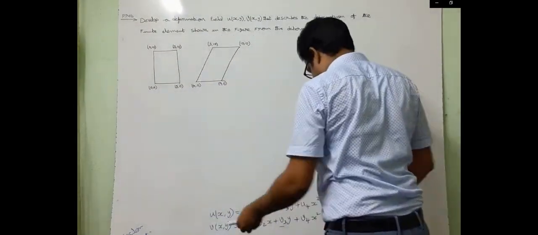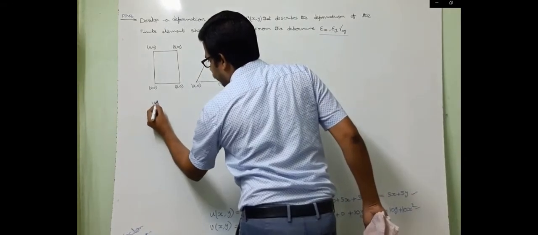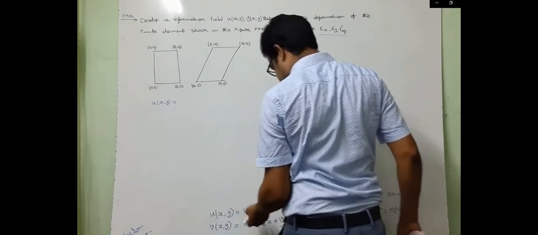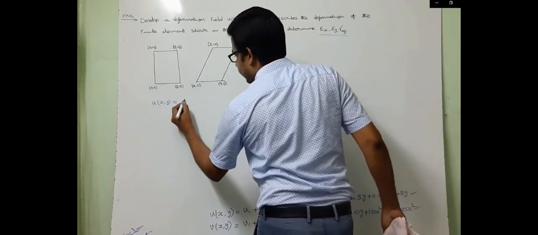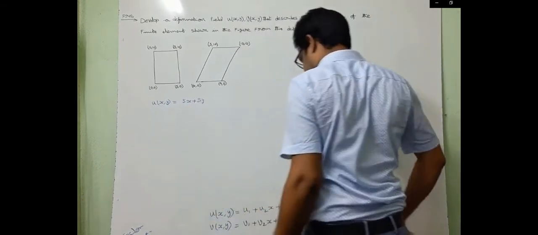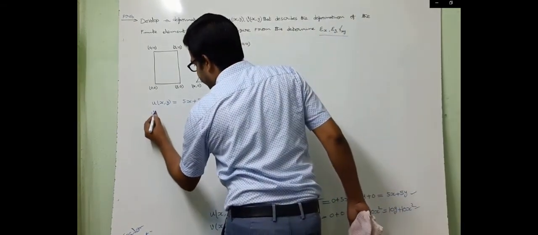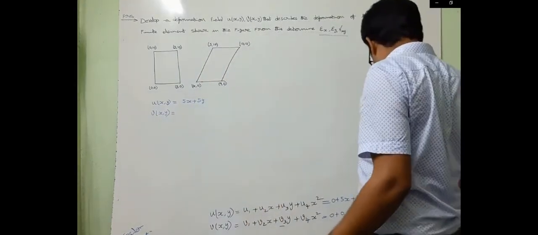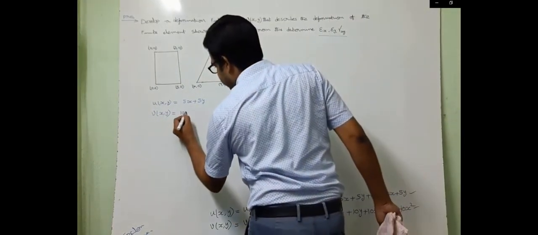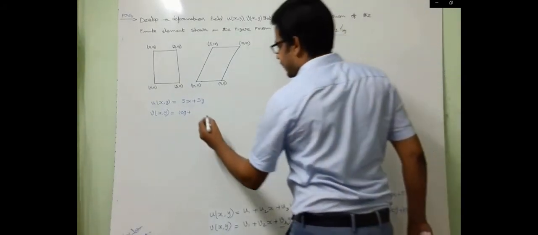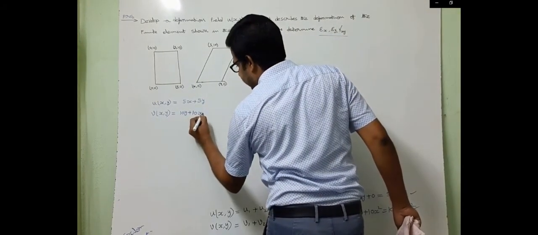So here, what is the u of x comma y value? It is equal to 5x plus 5y. What is the v of x comma y value? 10y plus 10x square.